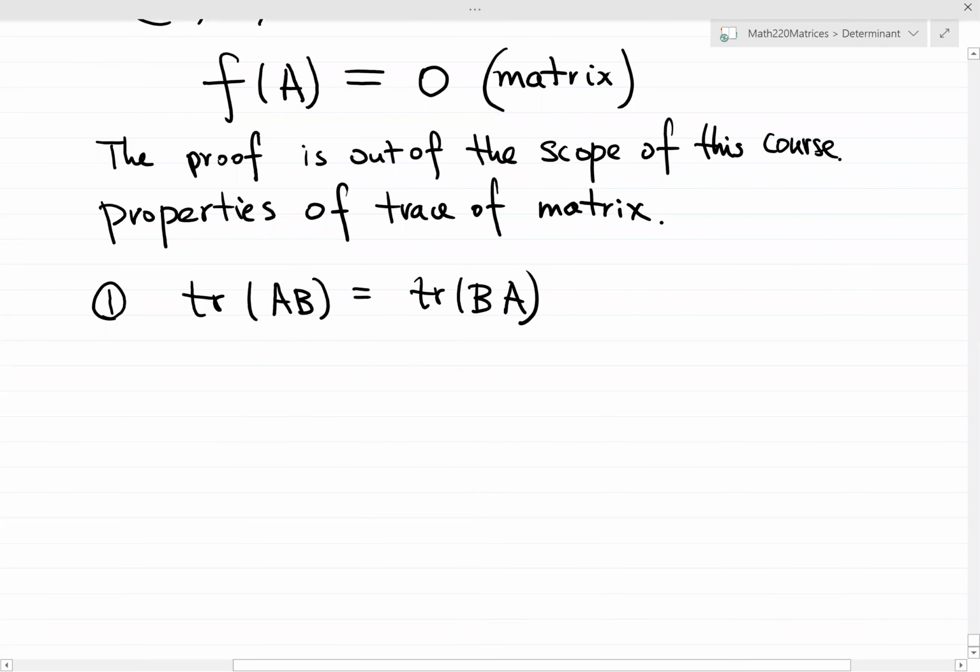Now be careful. Before we prove it, you should be careful. If you have 3 matrices, you cannot rearrange the order as you want.